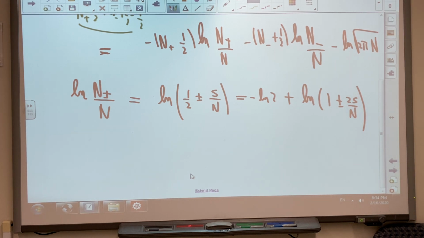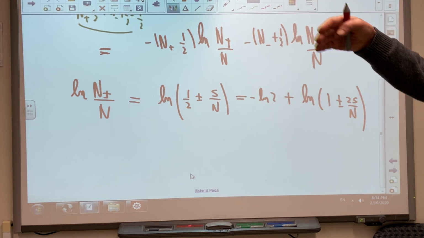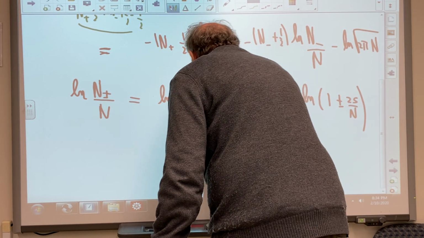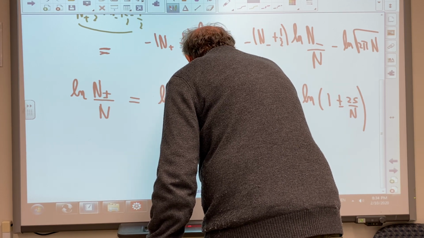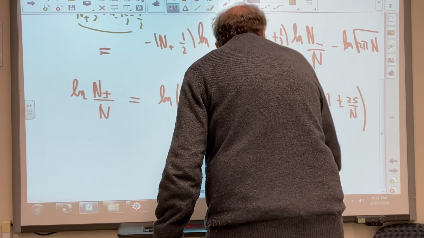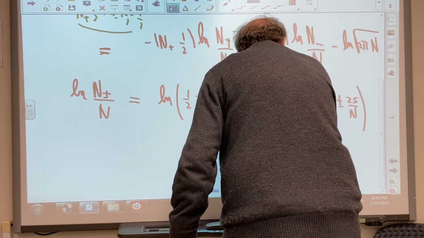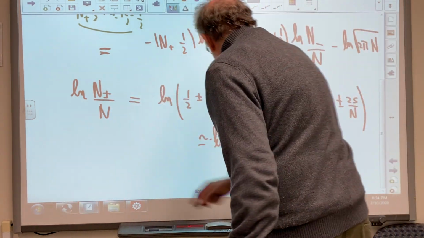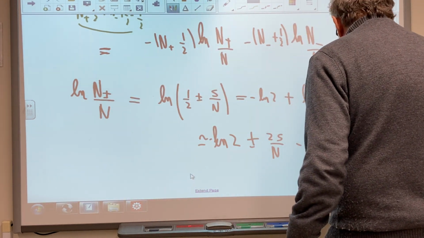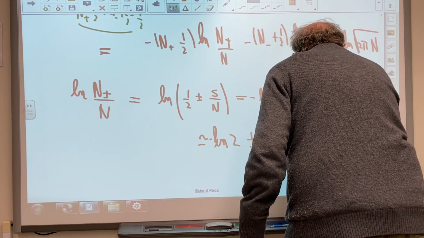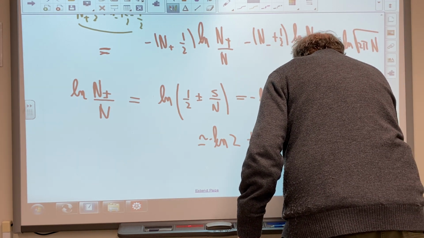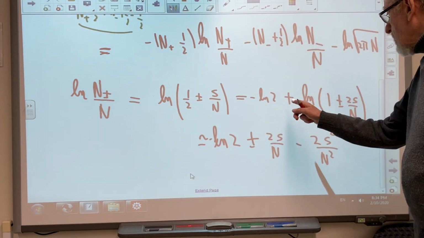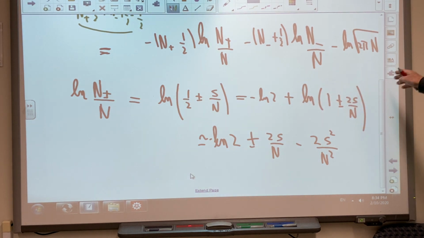The ln of 1 plus x, as you remember, is x minus x squared over 2 plus correction. So this will be approximately minus ln 2 plus or minus 2s over n, again plus or minus the square of this over 2, which is 2s squared with a minus sign, because in both cases you have ln of 1 plus x is x minus x squared over 2.